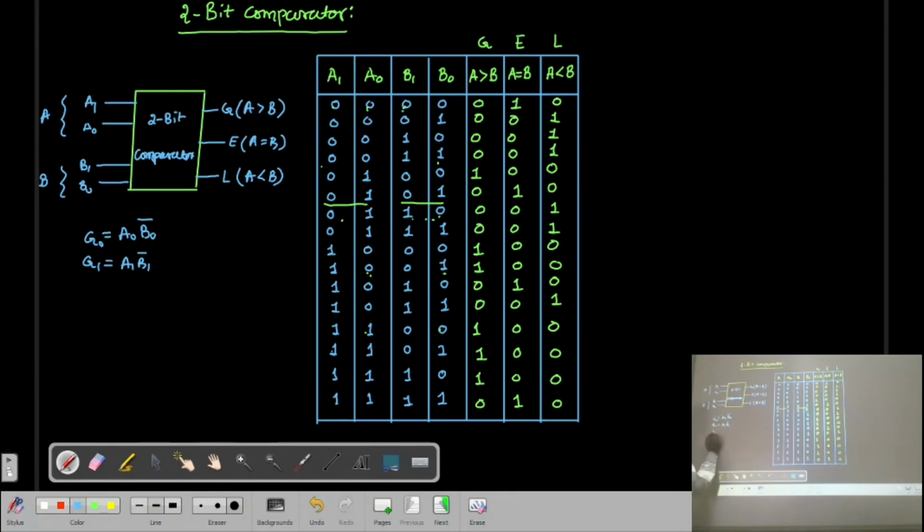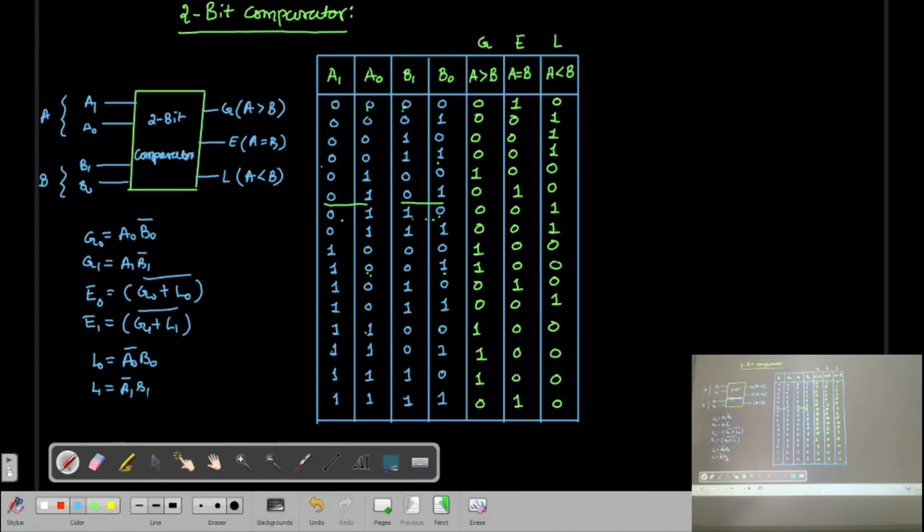Correct? Same way, if we write the expression for E0, comparing the LS bits, then E0 will be G0 plus L0 whole bar, and E1 will be written as G1 plus L1 whole bar. Now what is L0? L0 will be A0 bar B0 and L1 is A1 bar B1.